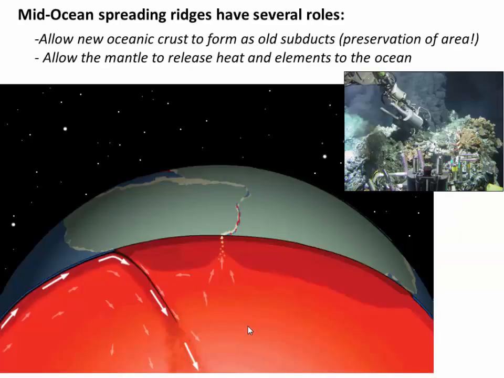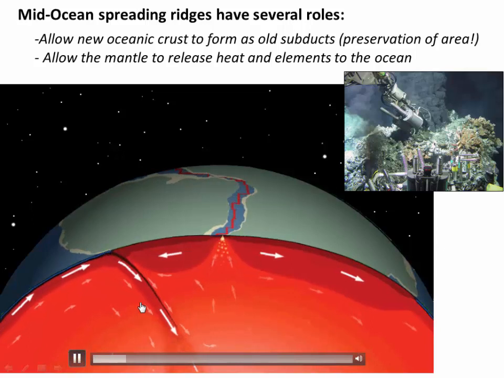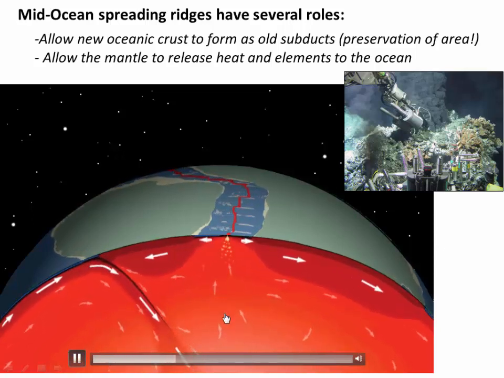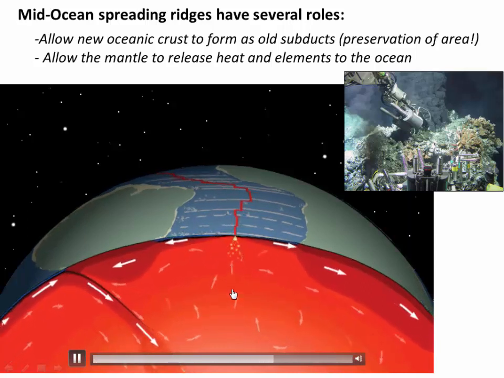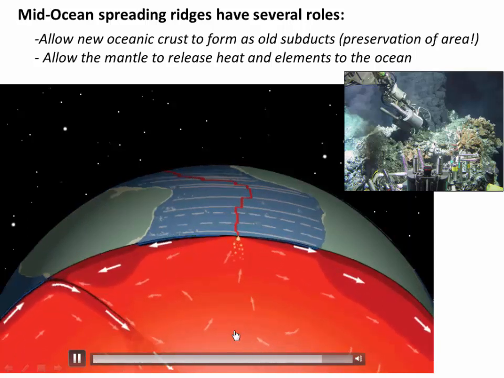But unlike a baseball, this is not a fixed or constant or stable system. And this video helps to illustrate that point. Mid-ocean ridges are places where mantle material upwells as part of a convection cell.